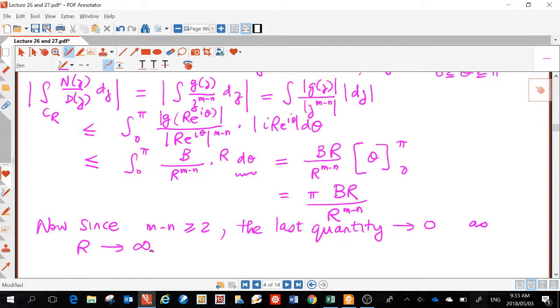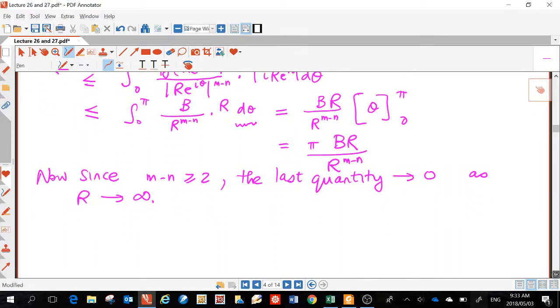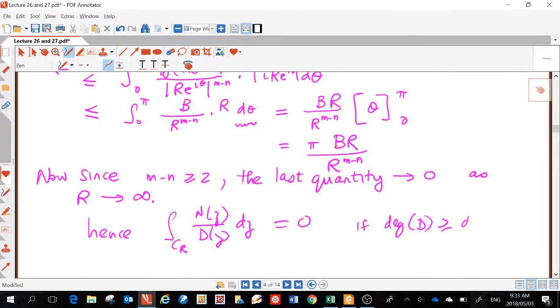That's why I need m minus n to be at least 2. Hence, the integral along the semicircle of N of Z over D of Z, dz is 0 if the degree of D is more than or equal to the degree of N plus 2.